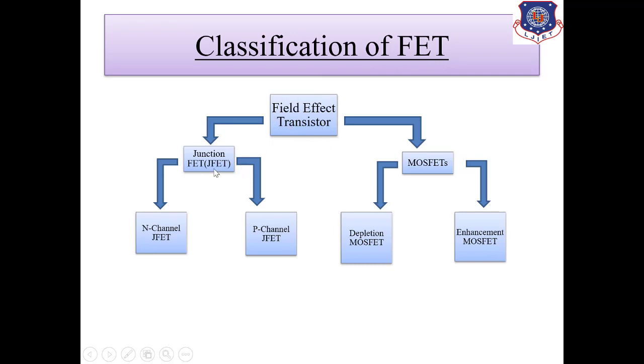Main two types: one is JFET, second is MOSFET, junction field effect transistor and metal oxide semiconductor field effect transistor. Junction field effect transistor is again classified into two subtypes, N-channel JFET and P-channel JFET. Similarly, MOSFETs are classified into two subtypes: one is depletion MOSFET and second is enhancement MOSFET.